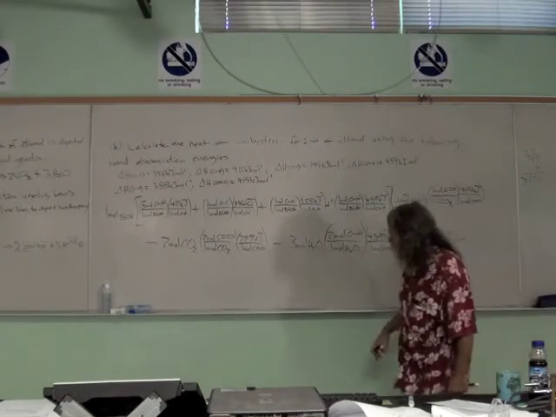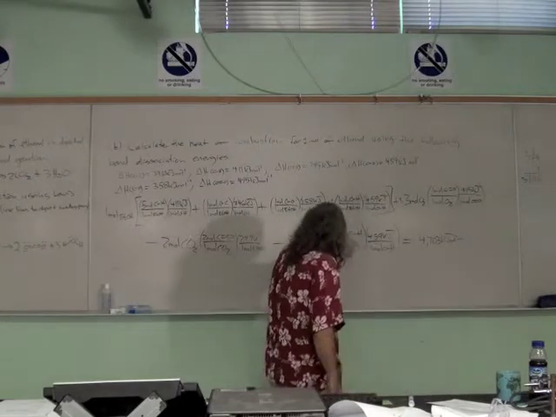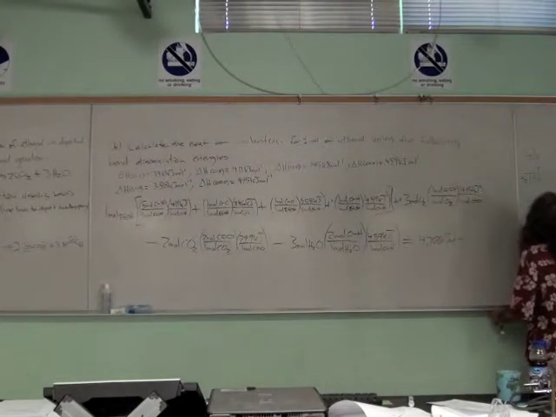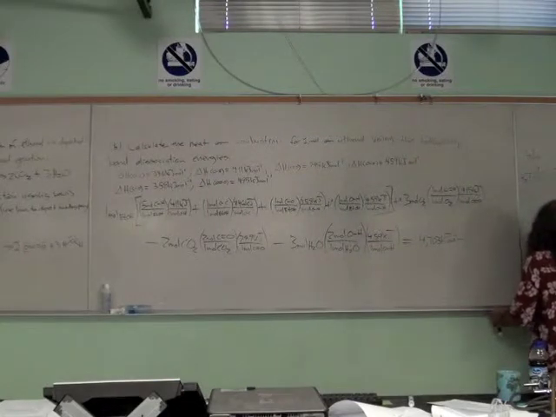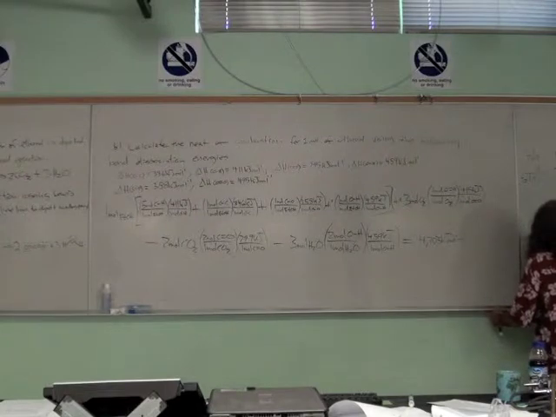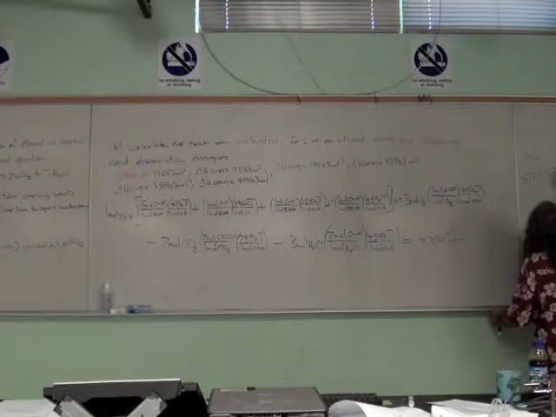And I have 3 times 2 is 6 times 459. 5 times 6 is 30. 4 times 6 is 24. 8 is 27.